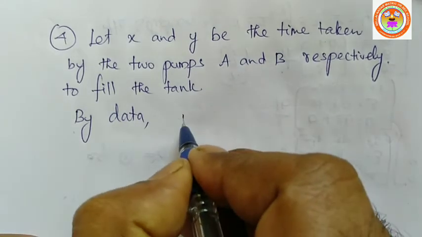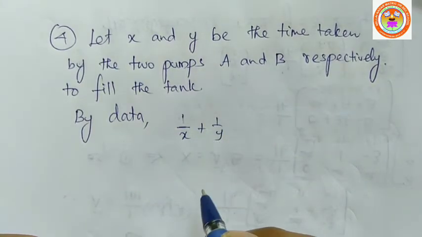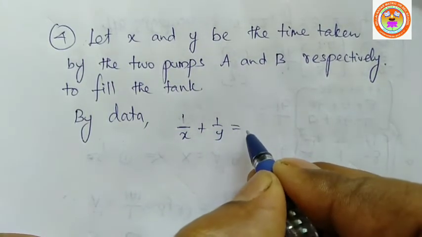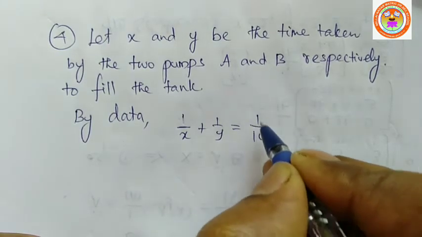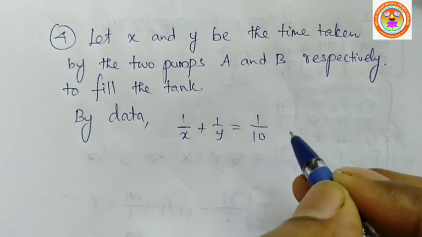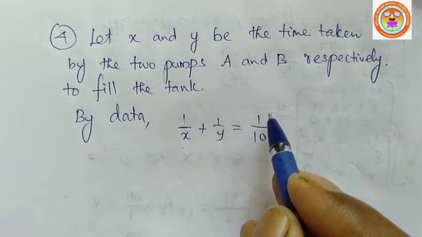That is 1 by x, similarly 1 by y. The time taken is 10 minutes, so in 1 minute, 1 by 10 part of the tank will be filled. So 1 by x plus 1 by y is equal to 1 by 10.